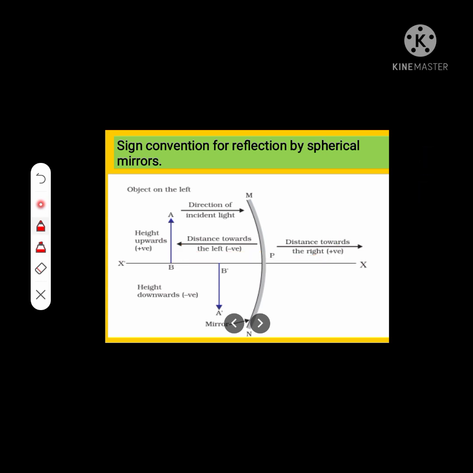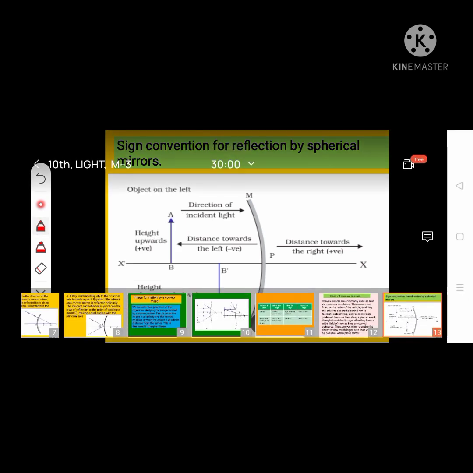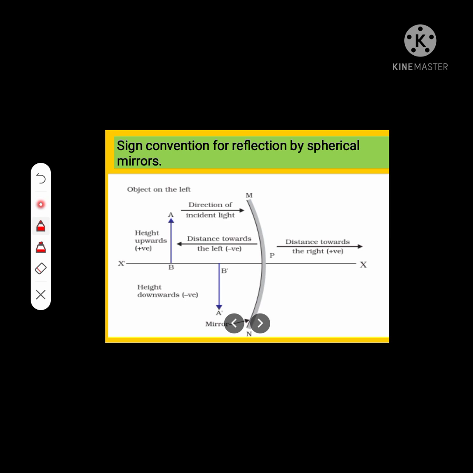Our third point is all the distances measured to the right of the origin, that means along the x-axis, are taken as positive, while those measured to the left of the origin, that means the origin is at the pole, are taken as negative. For example, suppose this is our object AB.